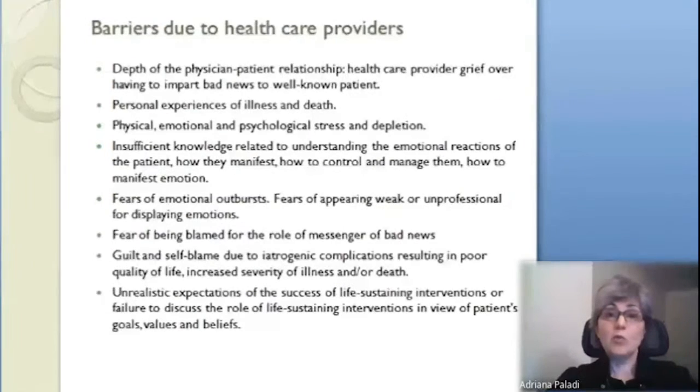And there are also barriers due to healthcare providers. For instance, depth of physician-patient relationship might be a barrier in case the physician develops a strong attachment toward their patients.